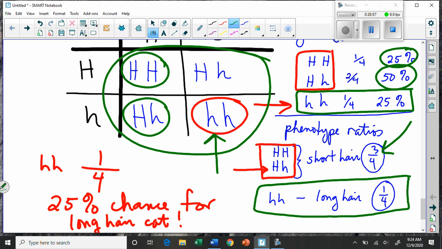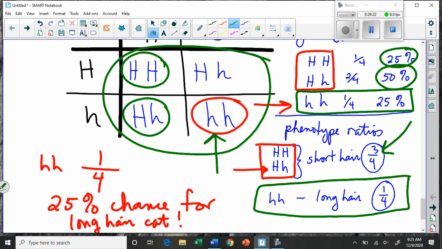In fact, it's possible for these 2 cats to have 3 kittens, and they all 3 could have long hair. 3 out of 3. Because each time they just got the 25% option, right? So that's possible. Now, we can't tell if the cat has only 3 kittens.